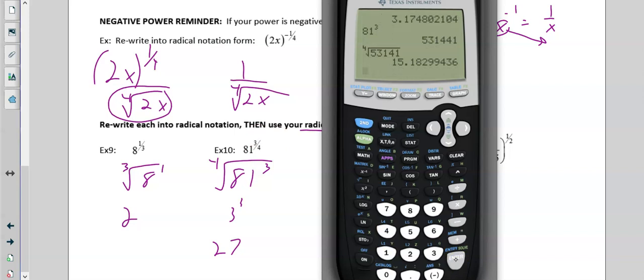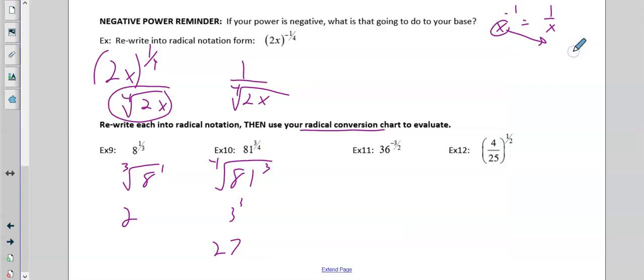Oop, I missed a number there, sorry. My bad. 5, 3, 1, 4, 4, 1. There you go, 27. So I prefer to take the root first, get it smaller, and then put it back up. But it's up to you which way you do it.